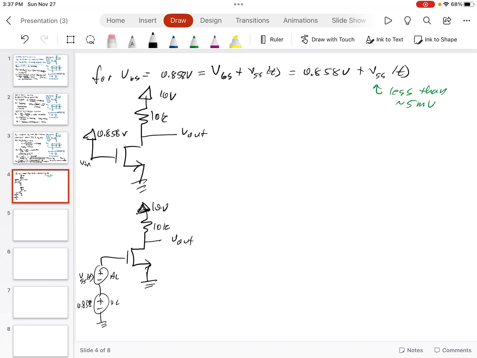And when we zero out the DC sources, then we have, let's draw that over here.